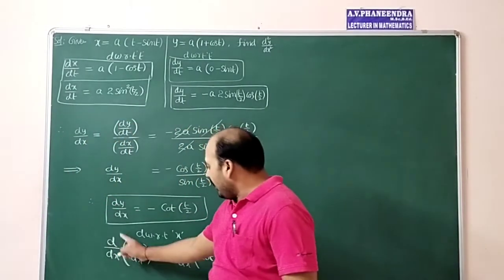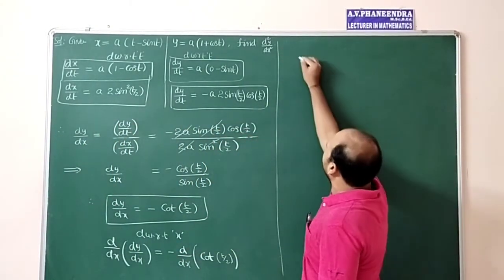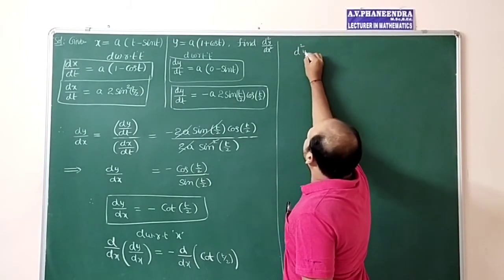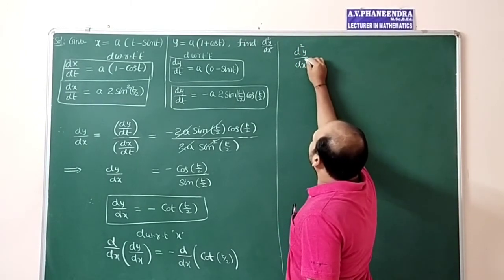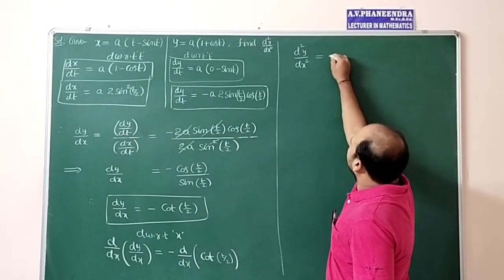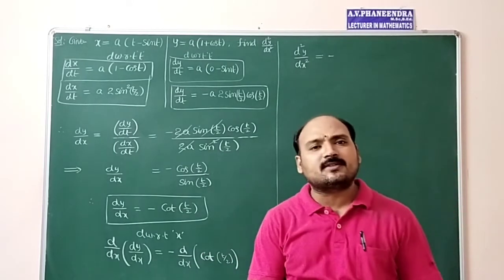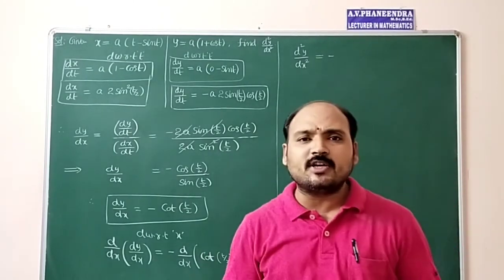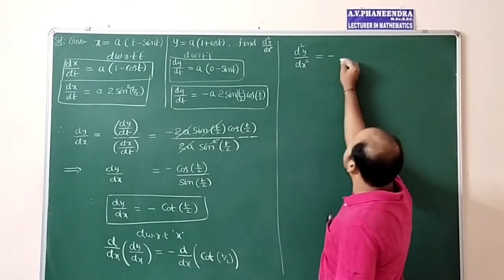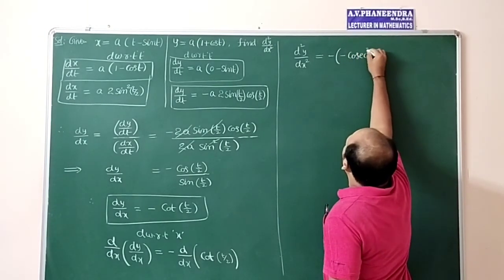Now d by dx of dy by dx is d square y by dx square, which is equal to minus d by dx of cot t by 2. The derivative of cot x is minus cosecant square x, so here we get minus cosecant square t by 2.